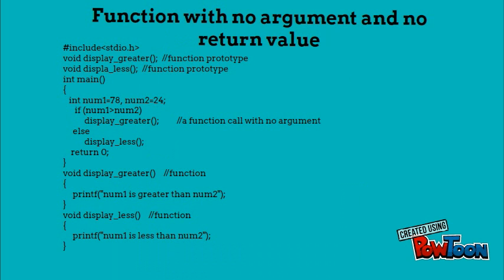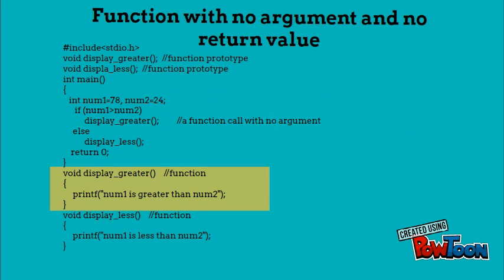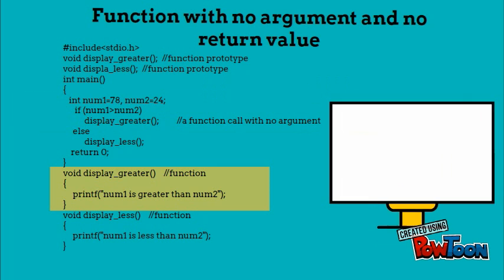In this programming code, two variables will be initialized and then compared in the main function itself, and then the respective function will be called to display the result. Since 78 is greater than 24, num1 is greater than num2 will be displayed.